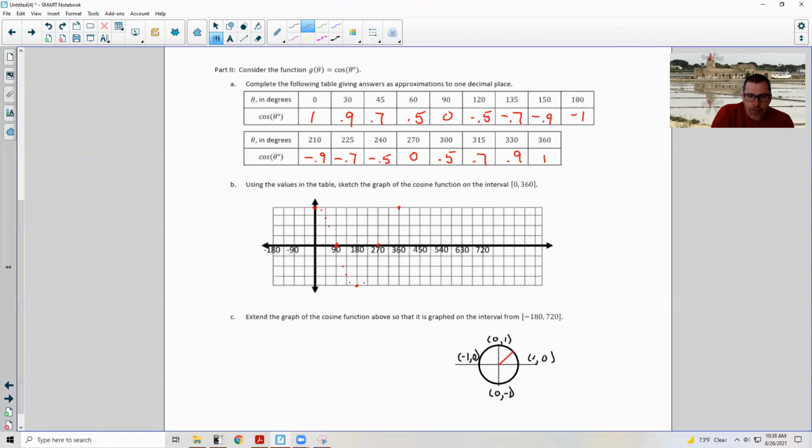And now we're going to have this value, this value, this value, and then back to 0. And now this repeats over here, which is 2/3 of the way past 270, which would be about here. This would be on the line right here, and then coming up right about there. So there is the cosine curve, like so.